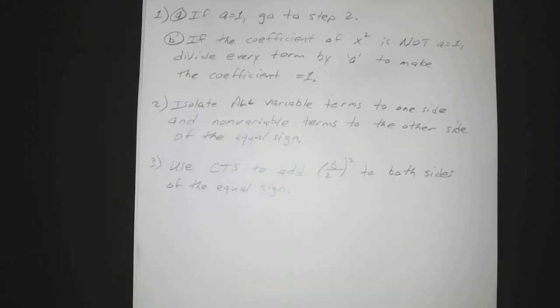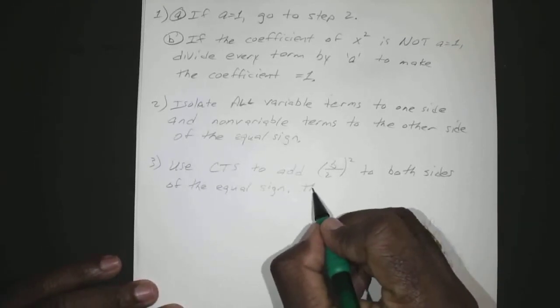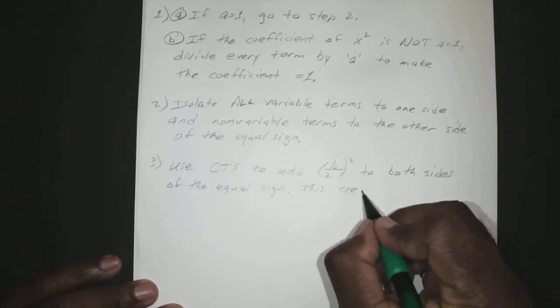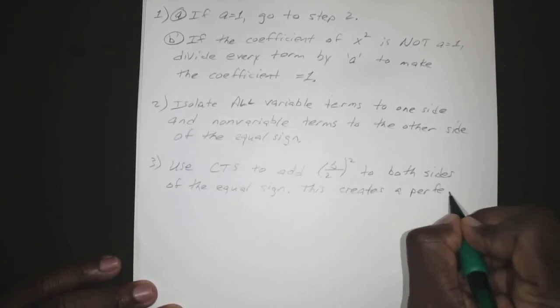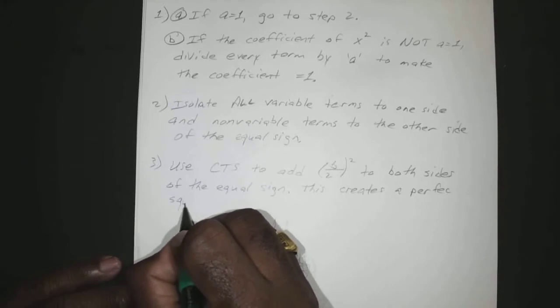Now if you wanted to for this step, you could just add and subtract your b divided by 2a, but then you'll wind up just adding it to the other side anyway. So this kind of eliminates a step a little bit. Okay, so this creates a perfect square trinomial.